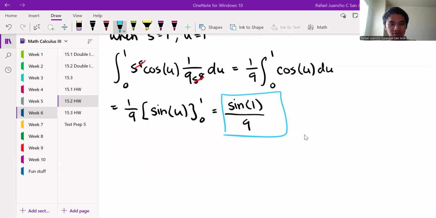Double integral from 0 to 1, then 0 to s to the 8th, then the integrand is cosine of s to the 9th, dt ds. So I integrated with respect to t first, and then from there, I integrated with respect to s. And so I get, yes, I get sine of 1 over 9.